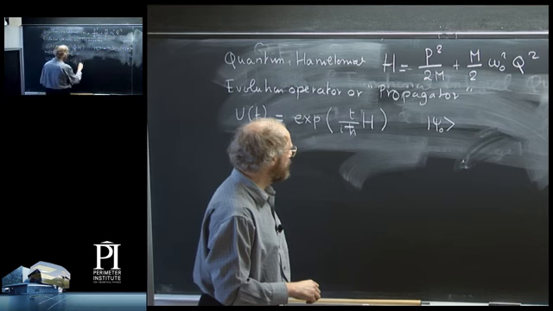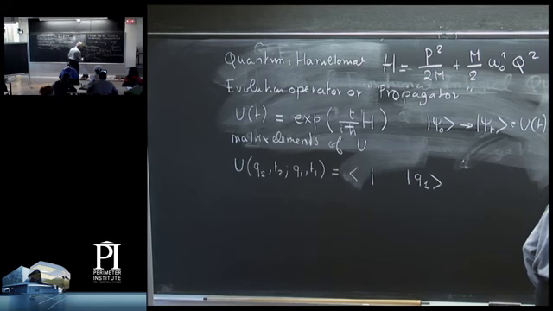You consider a system which starts from a state where it's located at a position Q1 at time T1. So the wave function is located at position Q1. It's an eigenstate of the position operator. And you consider that at the end, you project the system on the eigenstate of the position operator Q2.